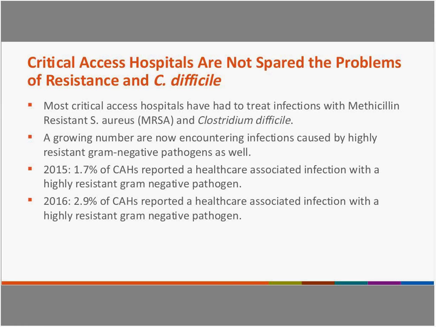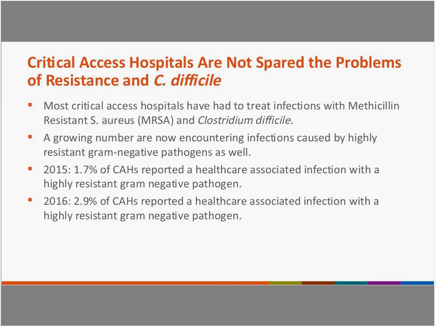And what's interesting is that a growing number of them are now encountering some of the infections with the highly resistant gram-negative pathogens, the kinds of things that we would have said, oh, well, these would be seen in our larger academic or tertiary care hospitals, and that's definitely not the case. The numbers are still small, but they're growing at a fairly alarming rate.